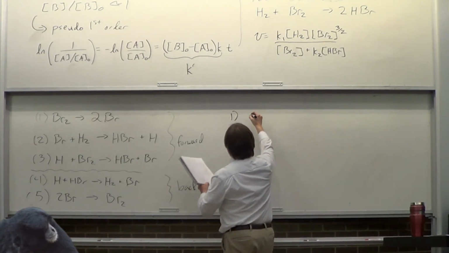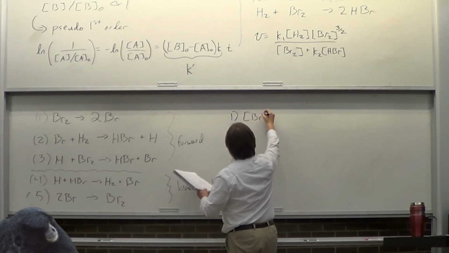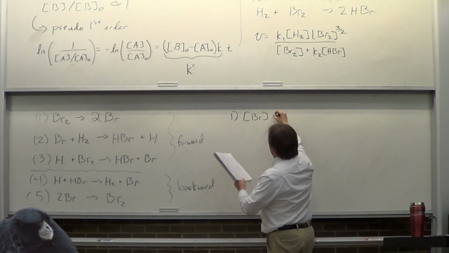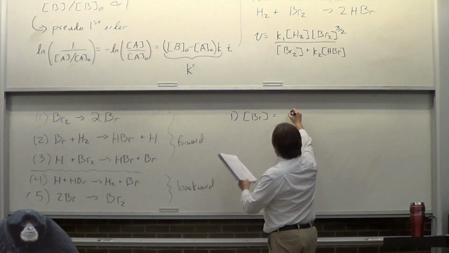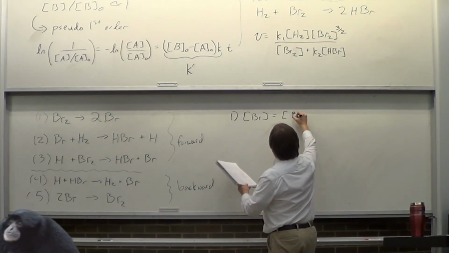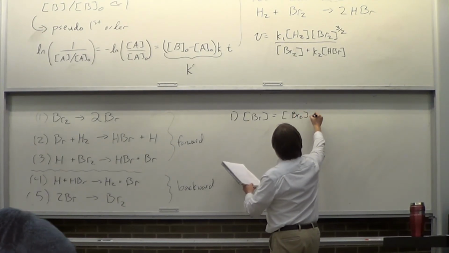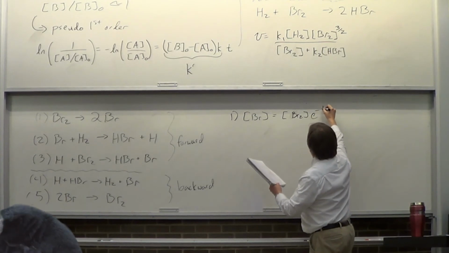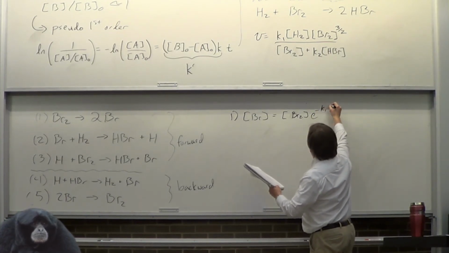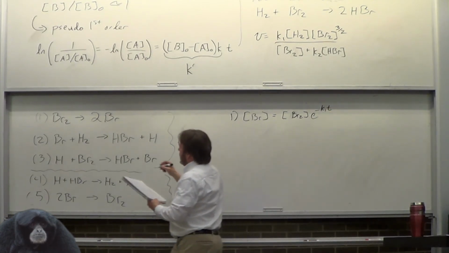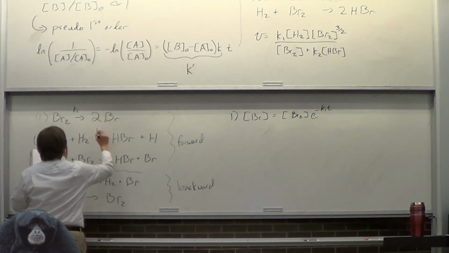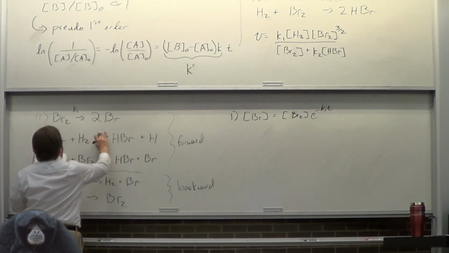Now, it would be obvious that the Br, notice that I'm writing Br, not Br2, would be the initial concentration of Br2 e to the minus K1T. These would all have different rate constants, K1, K2, yada, yada, yada. Anyway, I won't even write that down.